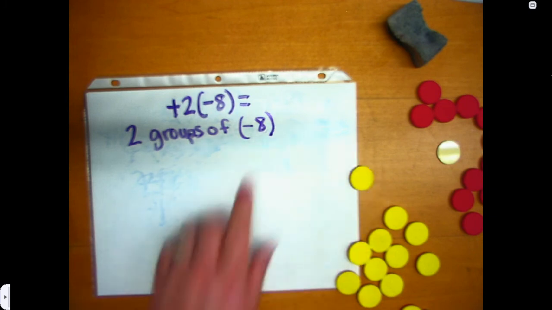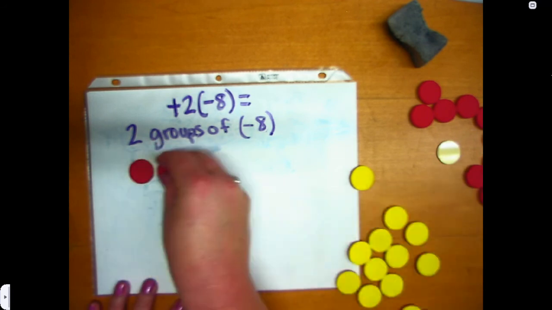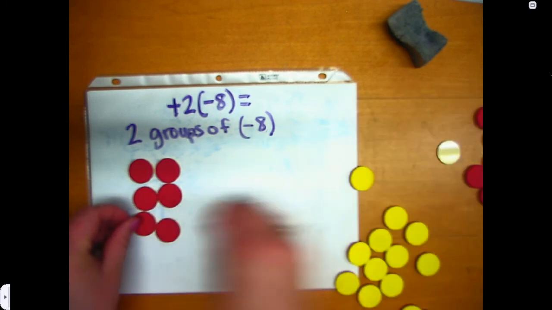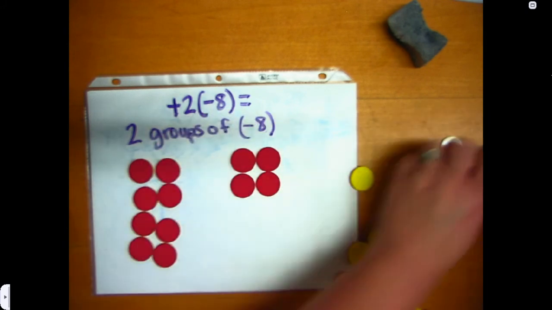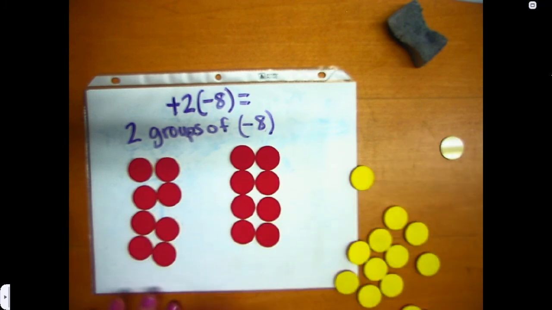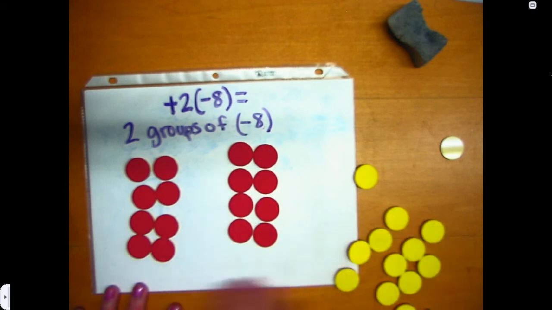So I'm going to need red counters, two groups of them. 2, 4, 6, 8. That's one group. 2, 4, 6, 8. So check my model. Two groups of -8. 2, 4, 6, 8, and they're red, so they're negative. 2, 4, 6, 8, red, negative. So two groups of -8 is equal to -16.